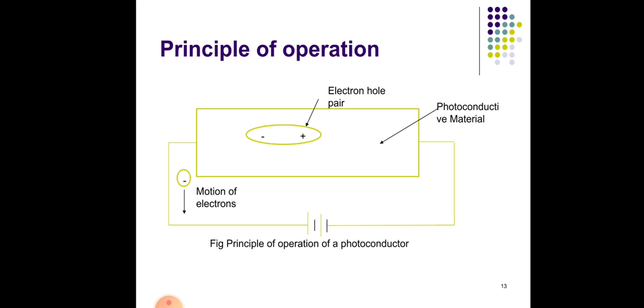Due to this energy, the valence electrons will cross the forbidden energy gap and enter into the conduction band. Due to more electrons entering the conduction band, the conductivity of the material increases and resistance decreases. It means the resistance of the LDR decreases with increase in the intensity of light, as shown in the figure.